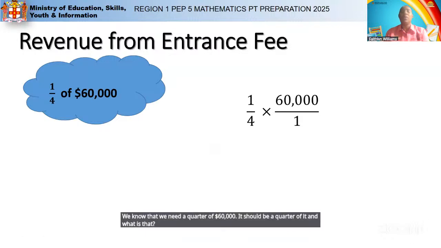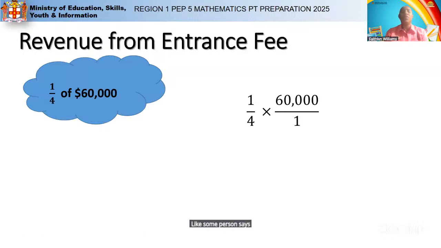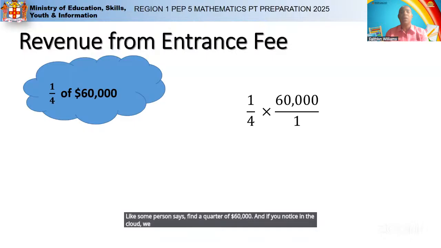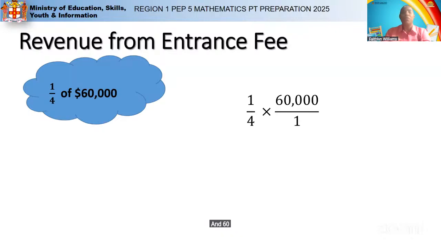Some person says, find a quarter of $60,000. And if you notice in the cloud, we have 1/4 of $60,000, but to the right of it, we now have a quarter and the word of has been replaced by a multiplication sign. And the 60,000 is now written as a fraction with 1 as the denominator. And how do we go about doing this?